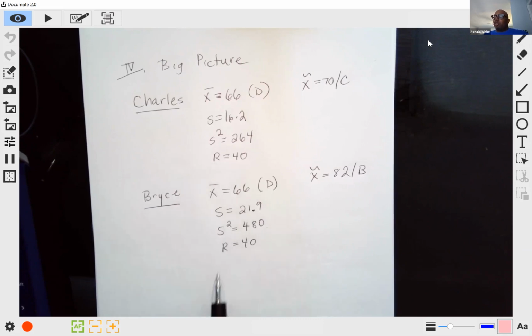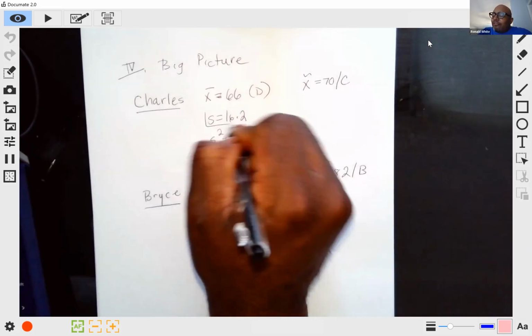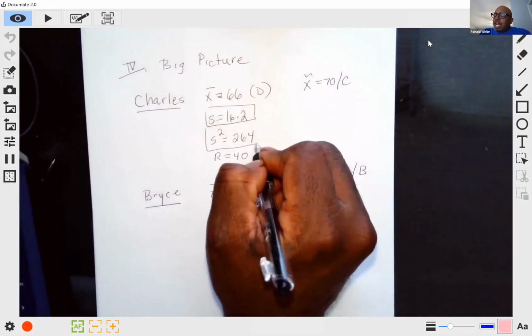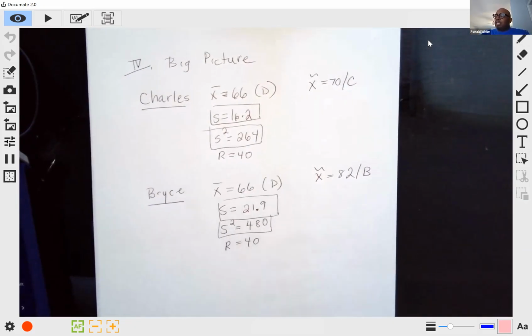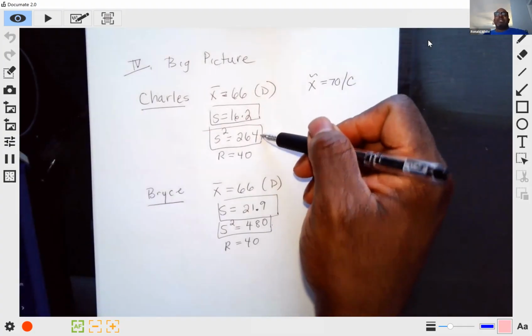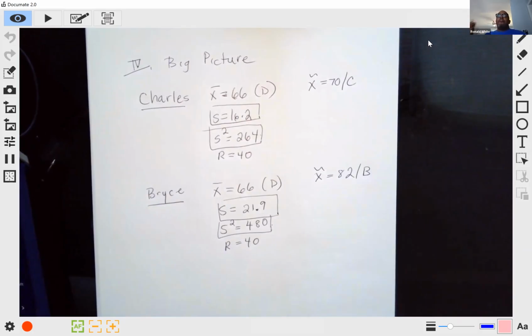Since the ranges were the same, we decided to focus on the standard deviation or the variance to help us make our decision. You can see that this variance is larger than this variance, which means there's more variation, more difference from the mean.